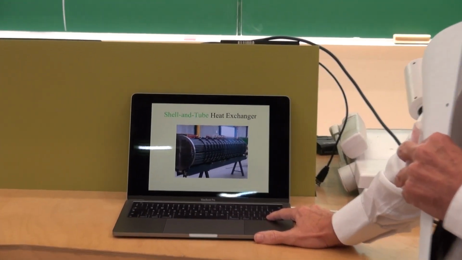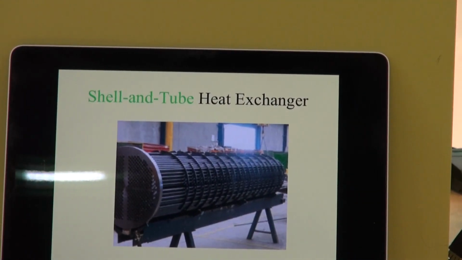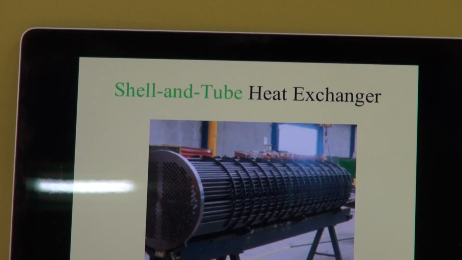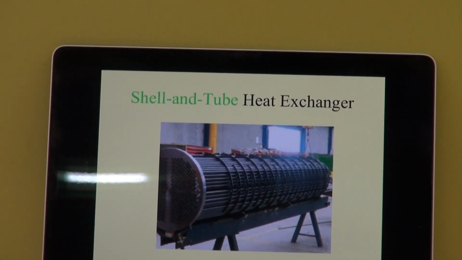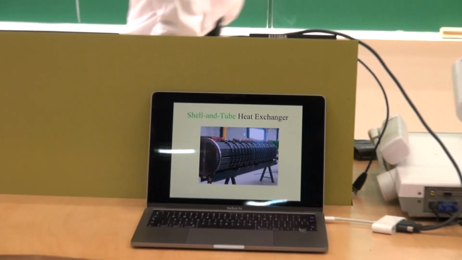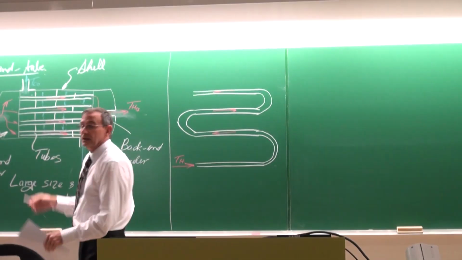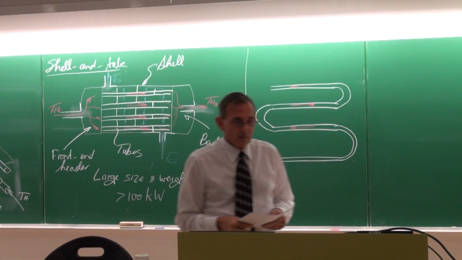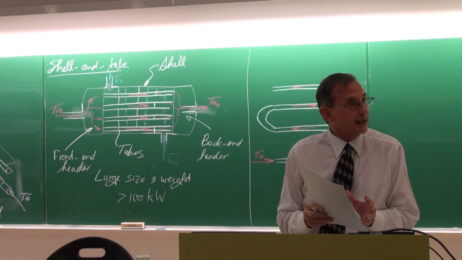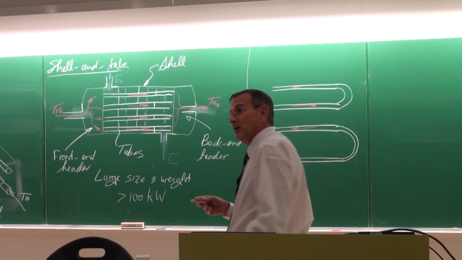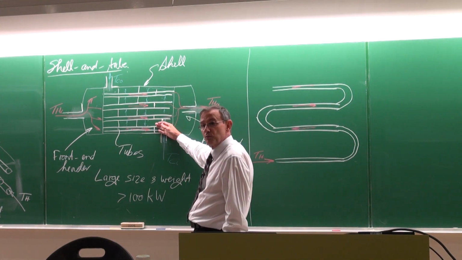So there's another one under construction where you can typically see the tubes also, typically a few hundred of these tubes. What is also important is that these tubes, the nearer you space them, the more compact you make the heat exchanger. However, cleaning is in many cases a problem.